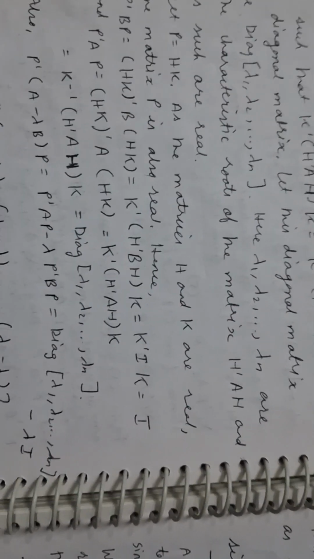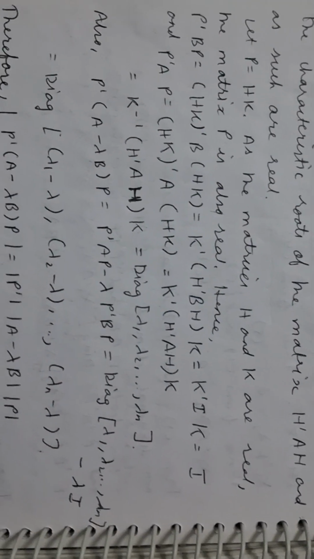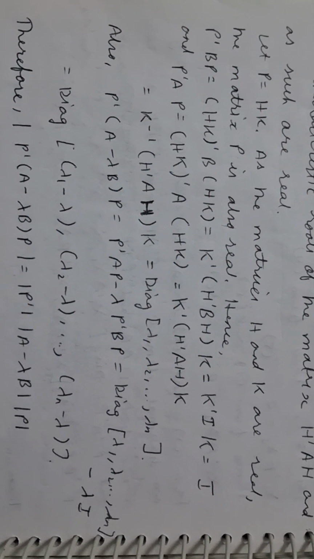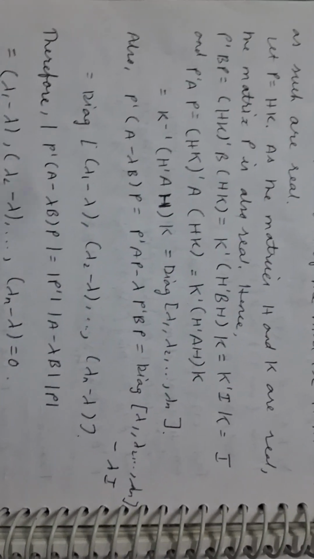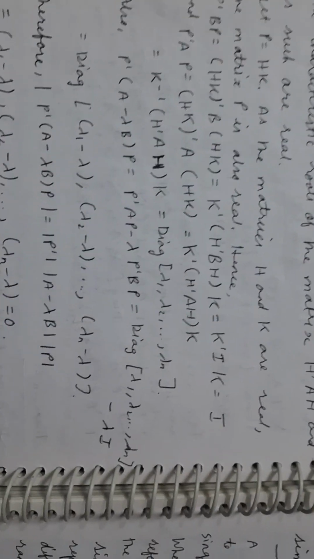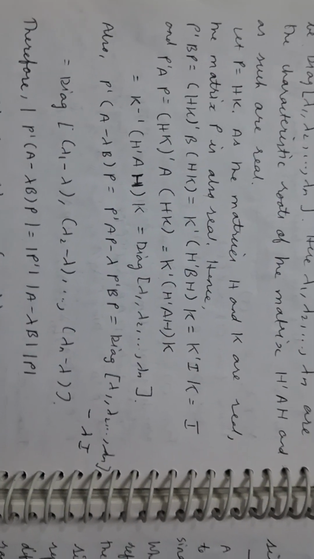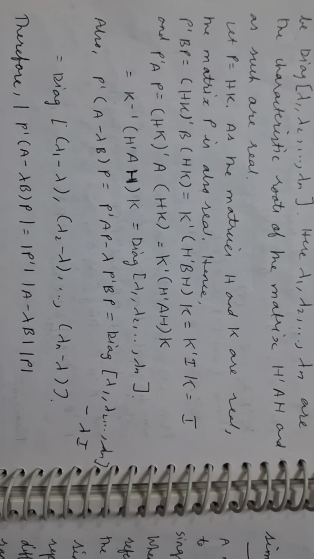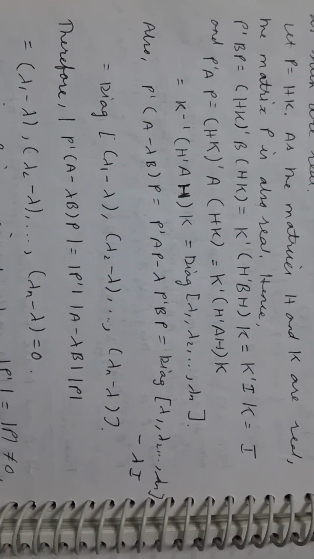So this is equal to K transpose IK, which will give us I, the identity matrix. And P transpose AP is equal to HK transpose A into HK. On opening the bracket and grouping the terms together, we get K transpose H transpose AHK, which is equal to K inverse H transpose AHK, and this is equal to the diagonal matrix.